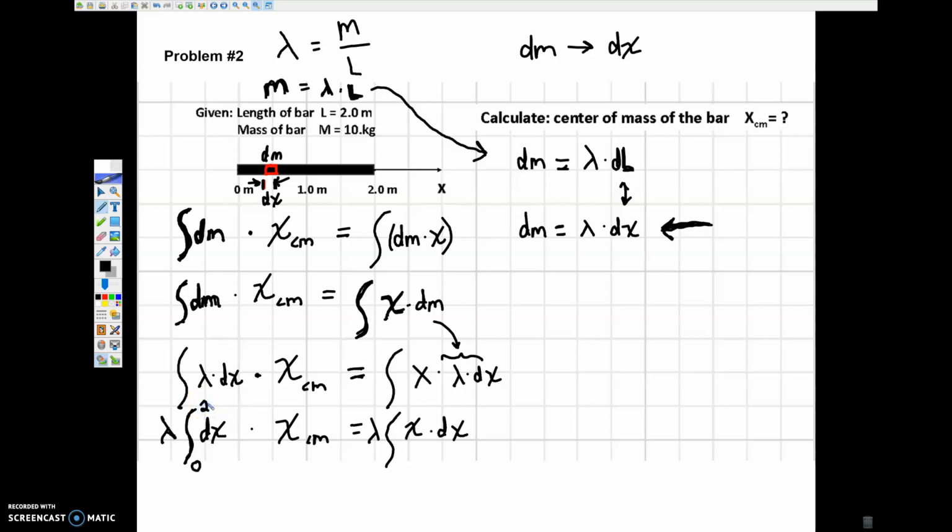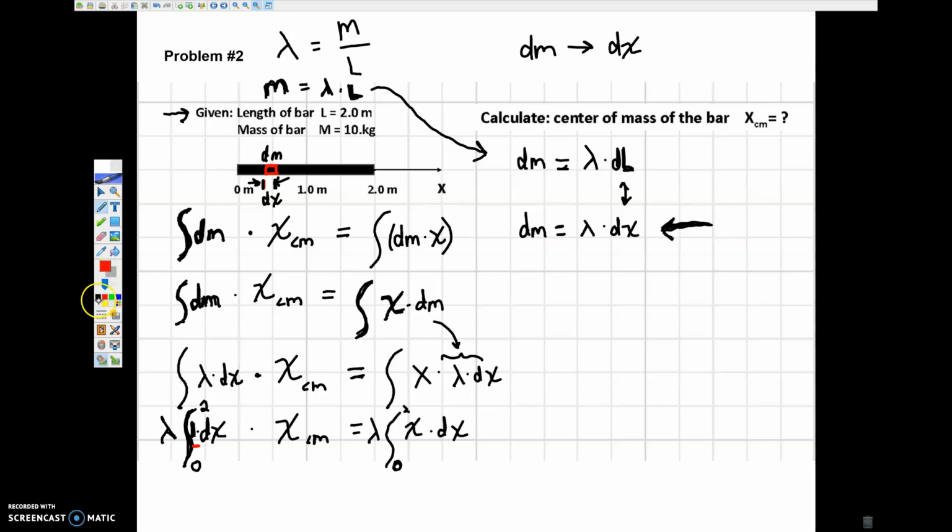2 meters, the whole shebang length. And that was given up here. So this is also going to be integrated from 0 to the whole length, which is 2 meters. Now, there's a 1 times the dx, and remember, instead of taking the sum of these products here, what I can do instead is take the antiderivative of what's sandwiched in between the integral sign and the dx.